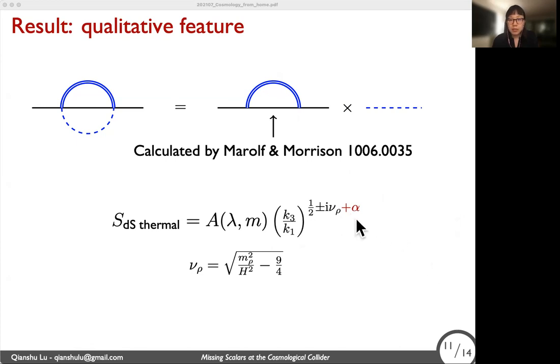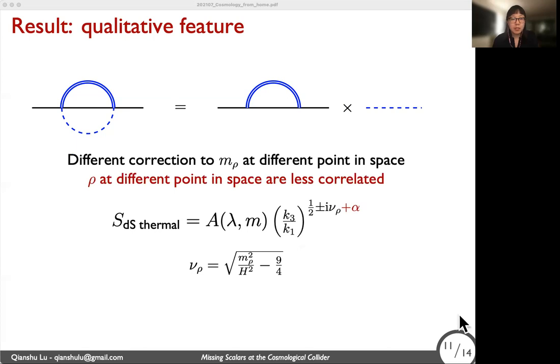And this plus sign is matching our expectation from the physical reasoning from earlier. Because remember, our signal comes from the fact that the two interaction points are seeing different values of chi. So they're giving different corrections to the mass of rho at different points in space, leading to a loss of correlation in the rho 2-point function.